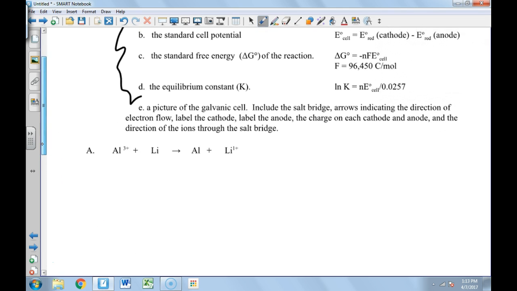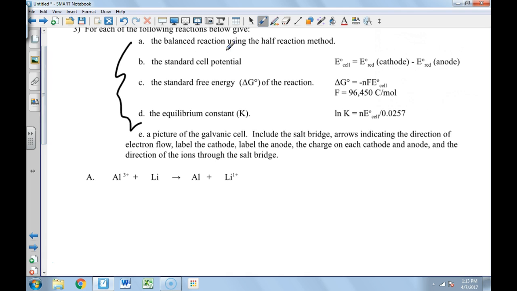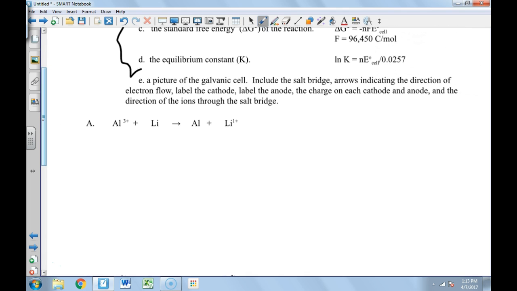So the first one is balance the reaction using the half reaction method. Now these should be super simple to balance using the half reaction method. So it's Al3+ goes to Al, and so we're going to add 3 electrons here.